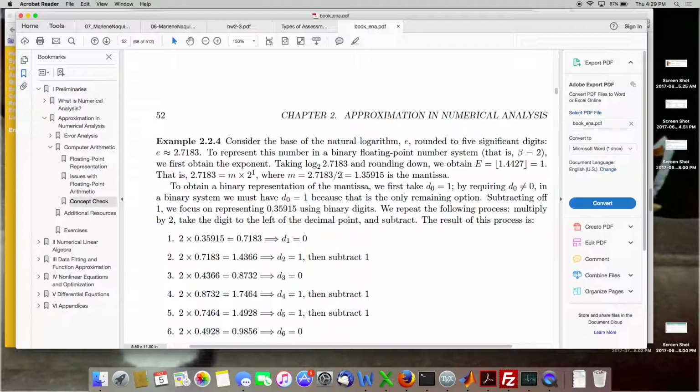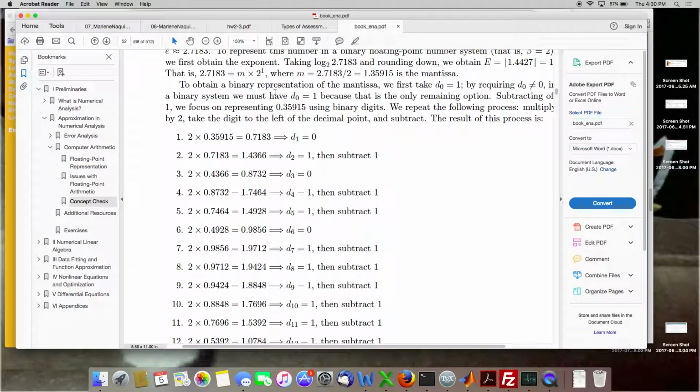For instance, in base 10, if your number is 135, I take log to base 10 of that and get 2 point something. I round down, so my exponent is 2. I divide 135 by 10 squared and get 1.35. That's the mantissa. So I find out which part of my number goes into the magnitude portion, and then I divide to get rid of it. Whatever's left over, I have to figure out how to express in terms of binary digits.